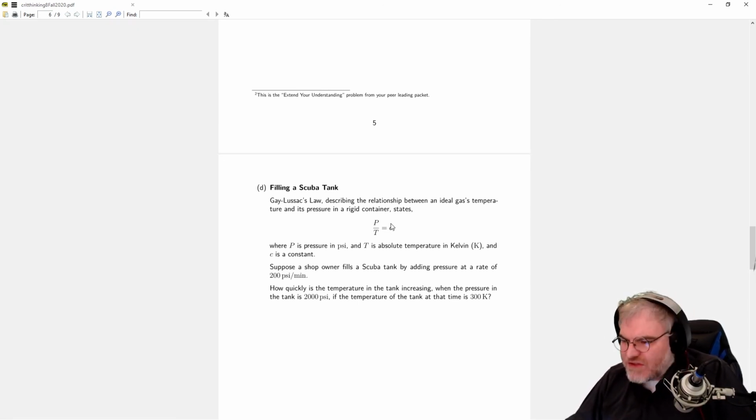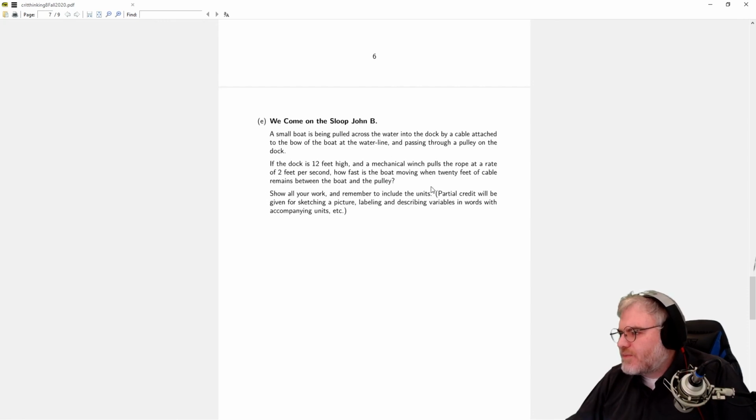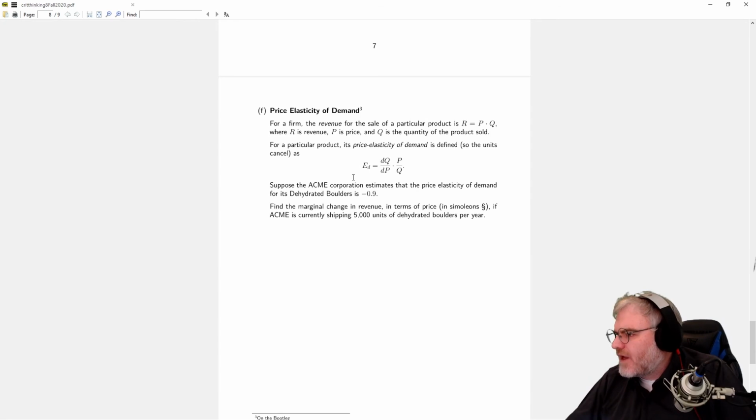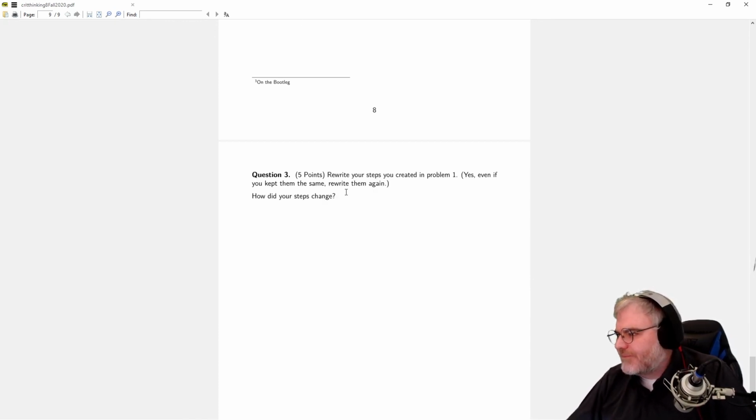It's faster to take the derivative and make that C go away. This one right here is the mechanical winch problem. It's similar to one that's in the book. I think the other leg of the triangle is in the book. This one is hard. It is a related rates problem, but it's hard because you don't see it right away.